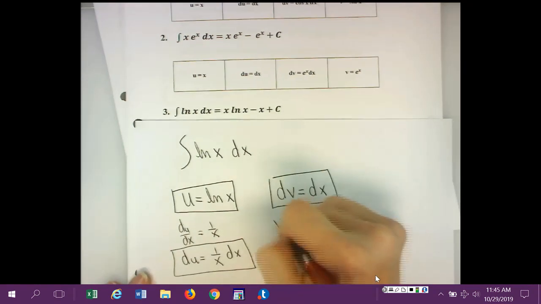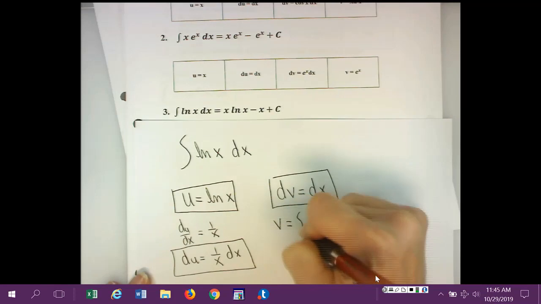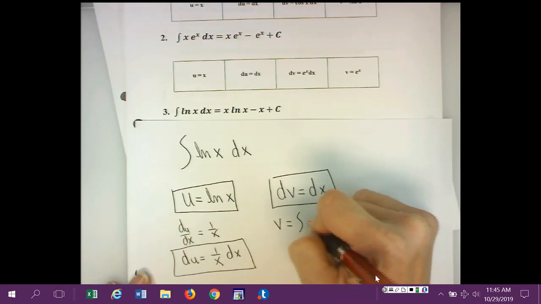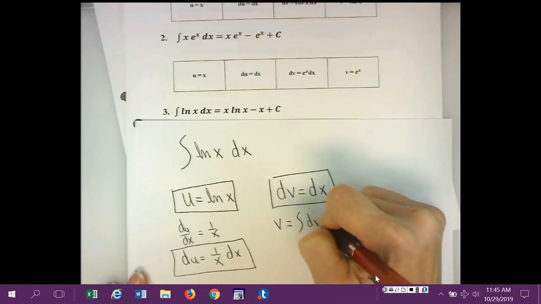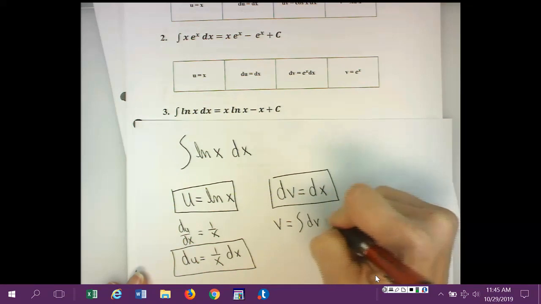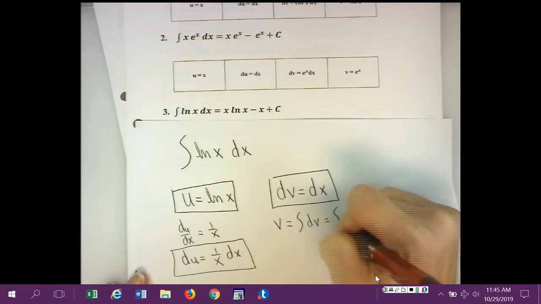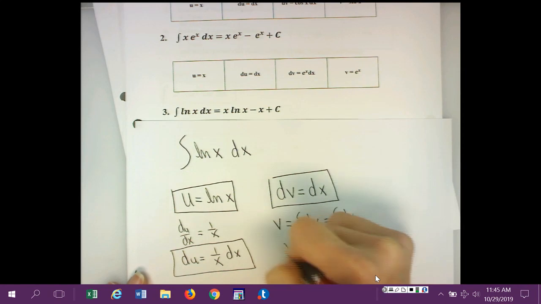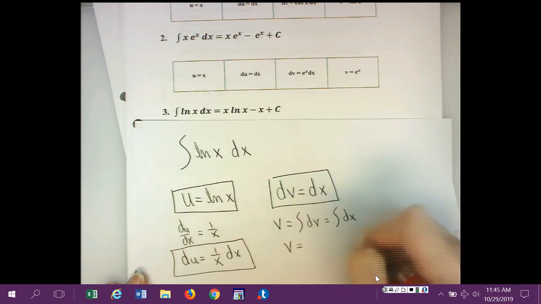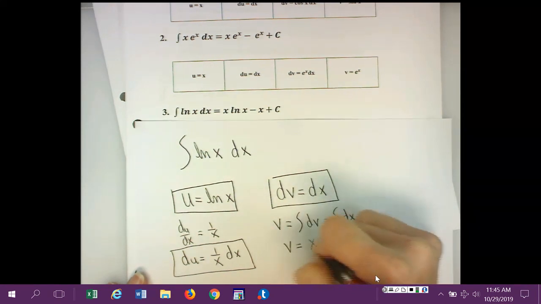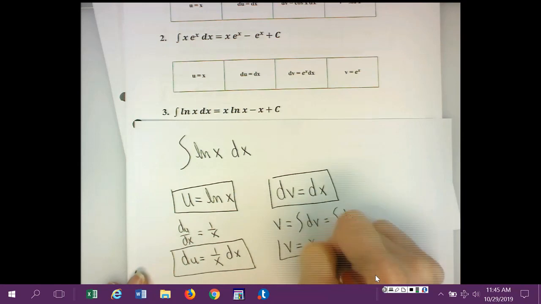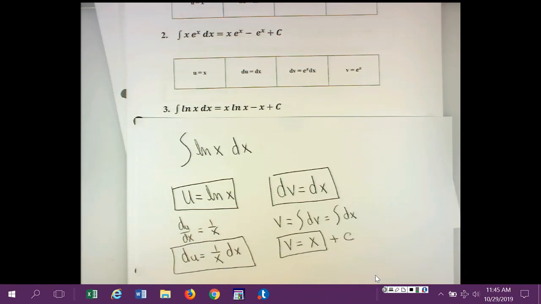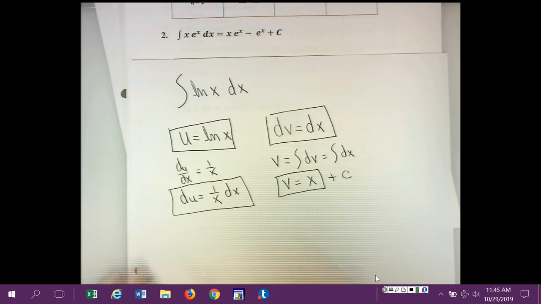When you want to find v, you take the antiderivative of an understood 1 with respect to v, which in this case, is the antiderivative of an understood 1 with respect to dx. And therefore, v is equal to x plus c. But do not put plus c in the box. Now we're ready to substitute into our formula.